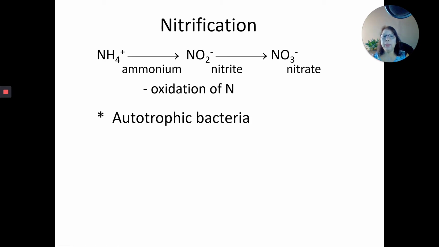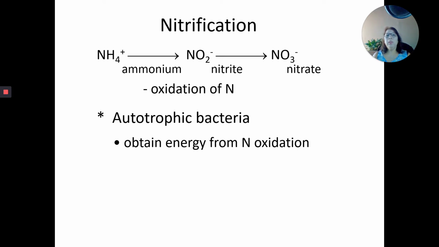Now, what facilitates this is actually already a concern of biology, although this could be hastened by the presence of bacteria, the autotrophic bacteria, the bacteria that work with the presence of oxygen.